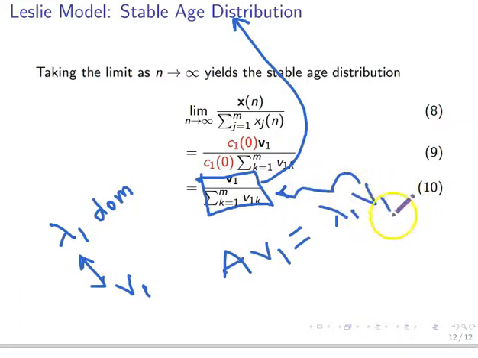You have to take the entries of that vector and normalize them. Add up the entries of v sub 1. That'll give you a quantity, and then go entry by entry and divide each entry by the total sum of all the entries of that eigenvector v sub 1. That's going to give you a new vector, which is considered the stable distribution.